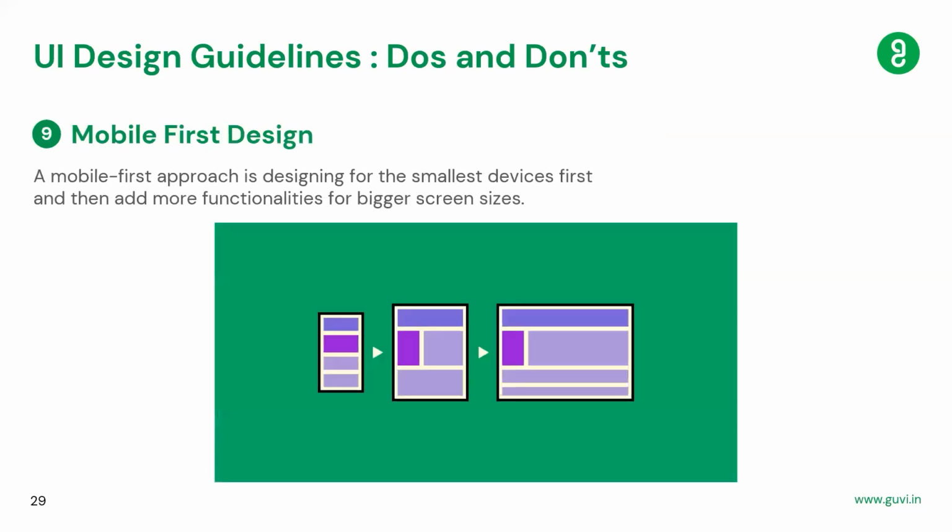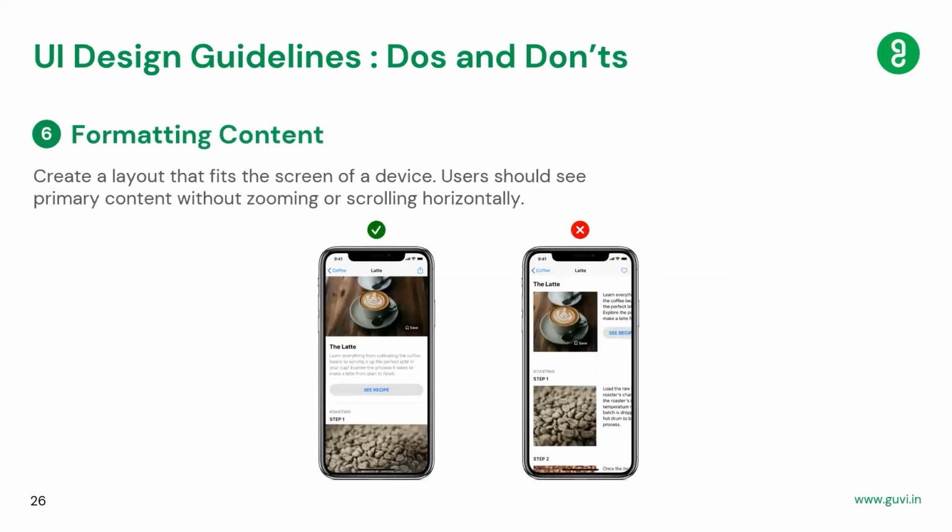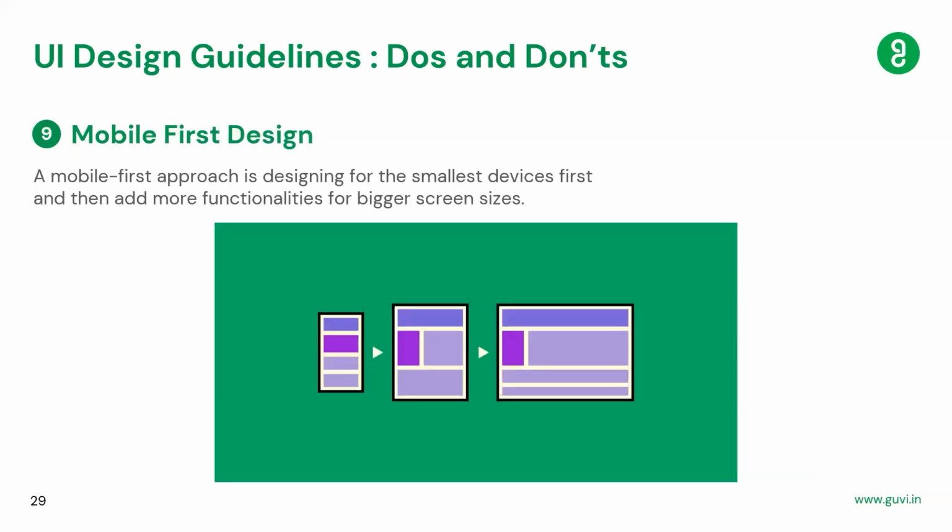And now the last point is mobile first design. As I said, there were only mobile examples in these points. It is because of mobile first design. The mobile first approach is designing for the smallest devices first, and then adding more functionality for bigger screens.